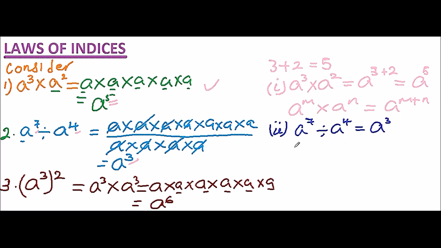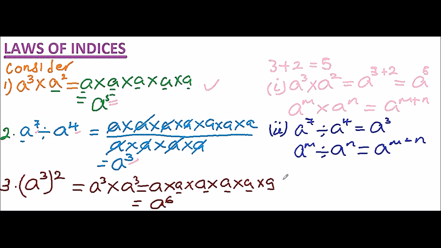So we derive the second row of indices: if we have a to power m divided by a to power n, it is equal to a to power m minus n. So that is the second row of indices.